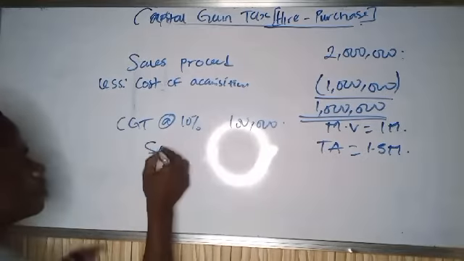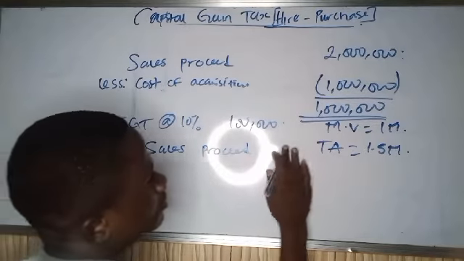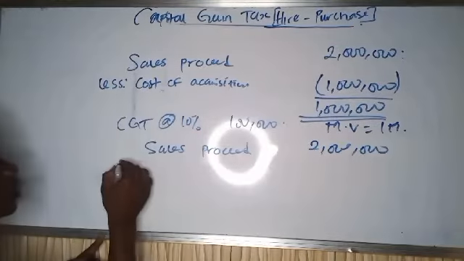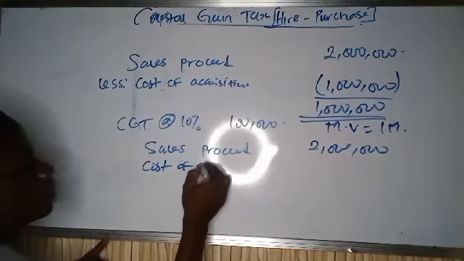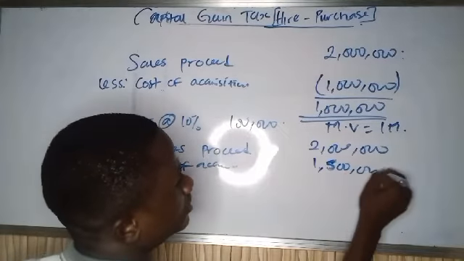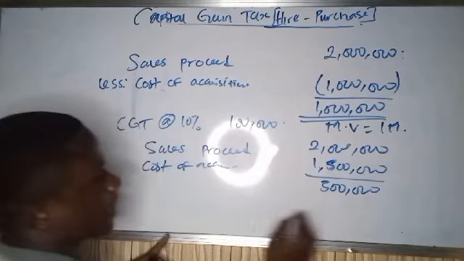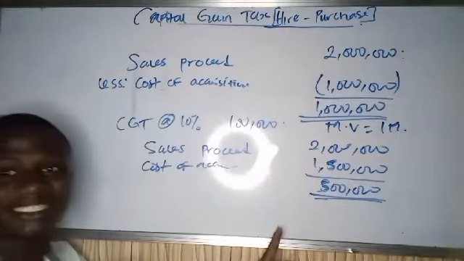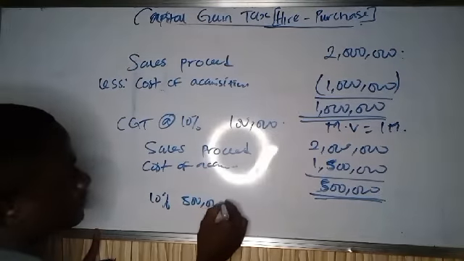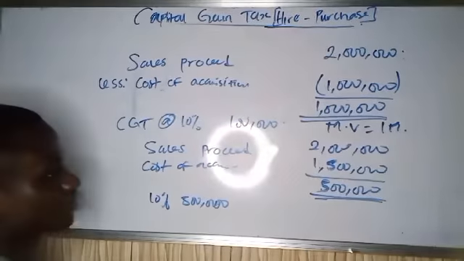So I'm going to have my sales proceeds of 2 million naira, still 2 million naira, and my cost of acquisition, which is 1.5 million naira, or 1,500,000. Now I'm going to have a capital gain of 500,000. And in the end, if I calculate my capital gain tax at 10%, that will be 10% of 500,000.